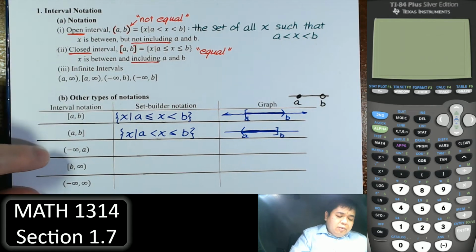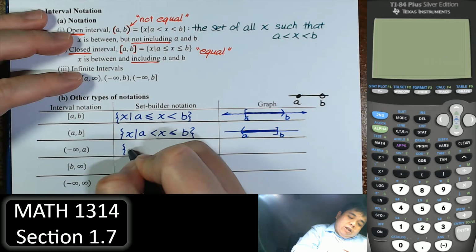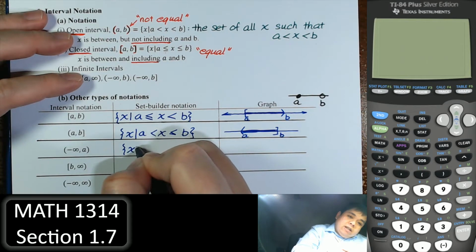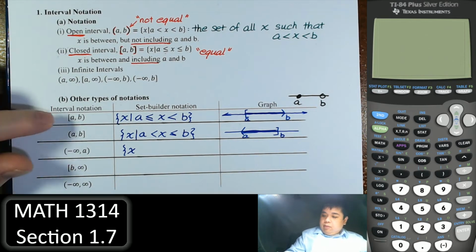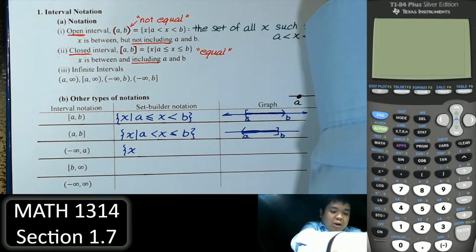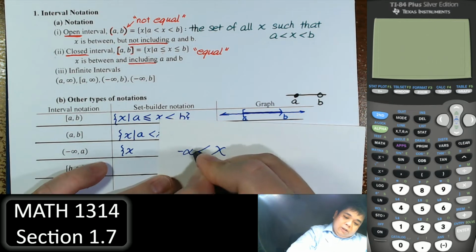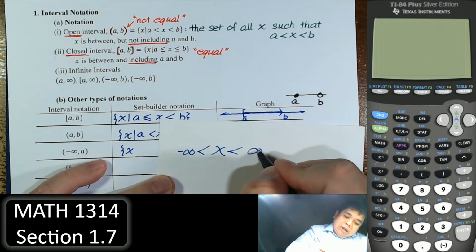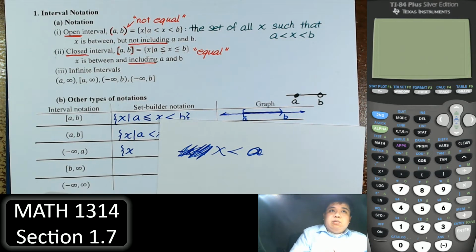Right. Negative infinity to a. So we'll write the set of x such that, by the way, because everything is greater than negative infinity, we don't need to write that it's greater than negative infinity. We do not need to write this because that is a given.